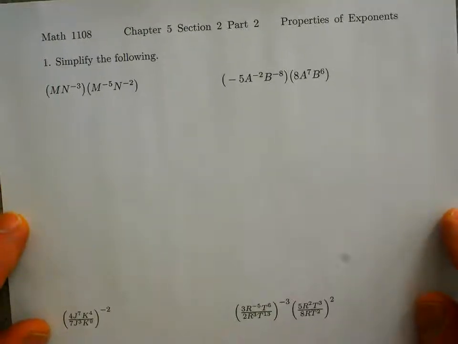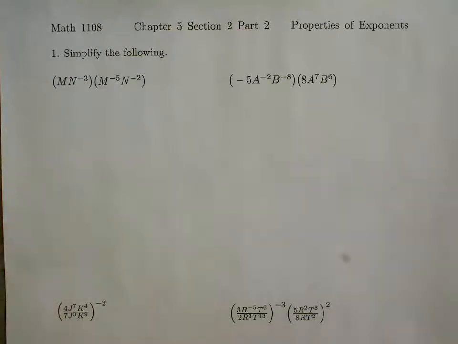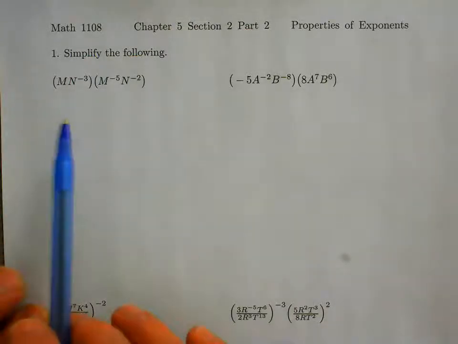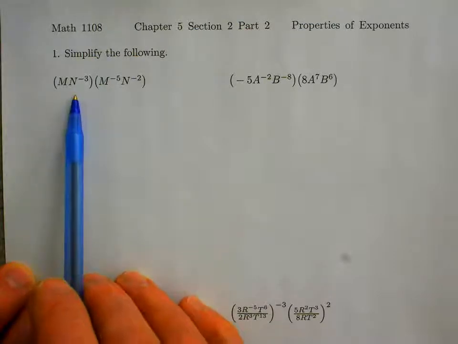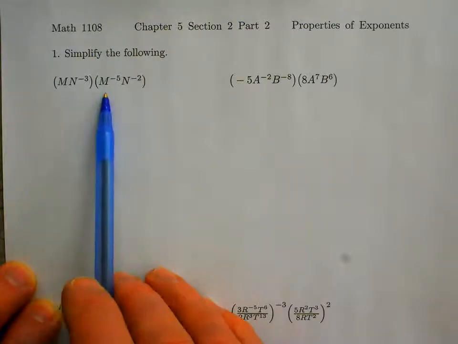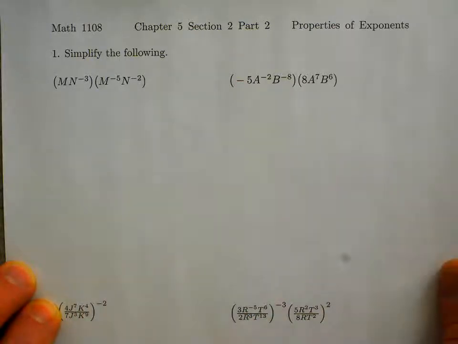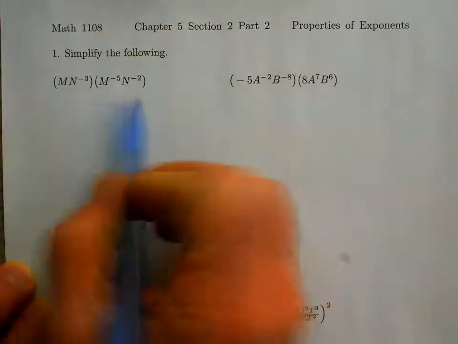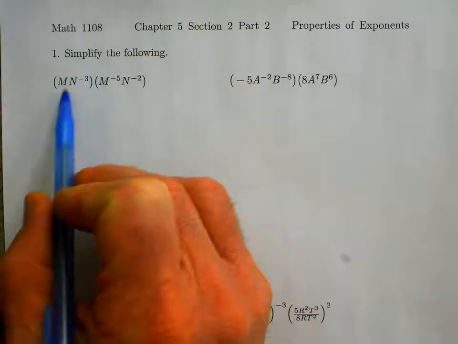We did these first two on Friday, but we'll do them again. Here we have m times n to the negative 3 times m to the negative 5 times n to the negative 2. You can simplify fairly directly if you want, or you can rearrange the terms.